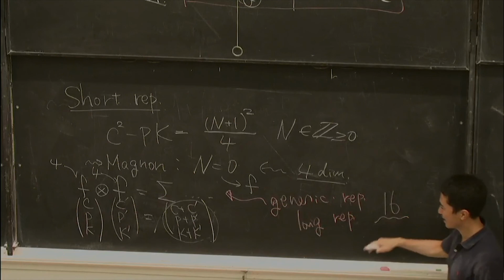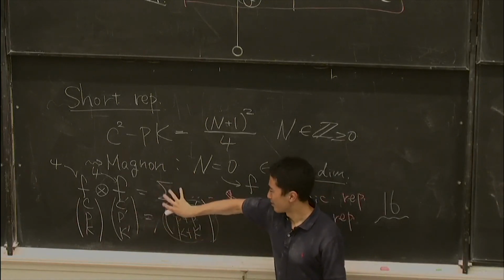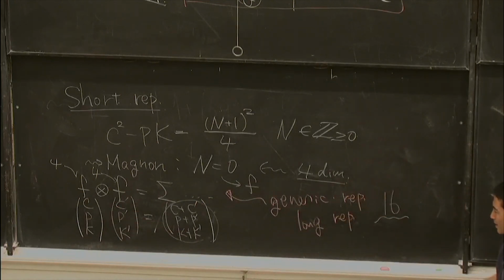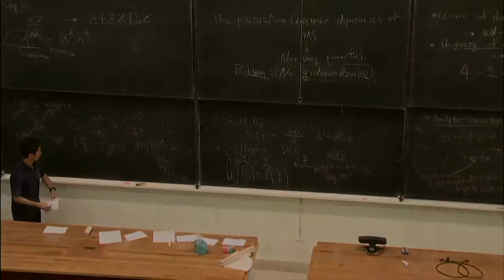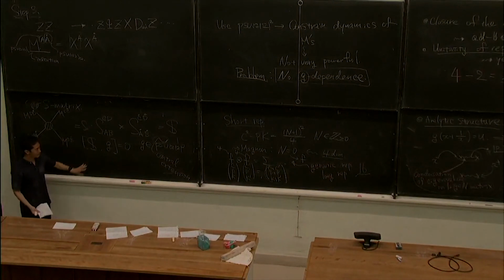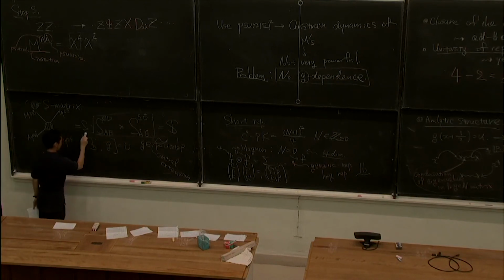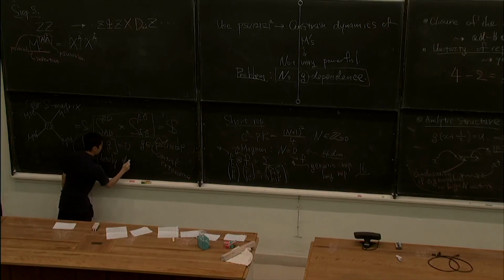So this basically means that there is actually only one representation which appears in the tensor product of F and F. This means that there is only one tensor structure that you can write for this S matrix. And that's basically the reason why you can fix this tensor structure just by imposing this symmetry condition. So this S matrix part is completely determined.